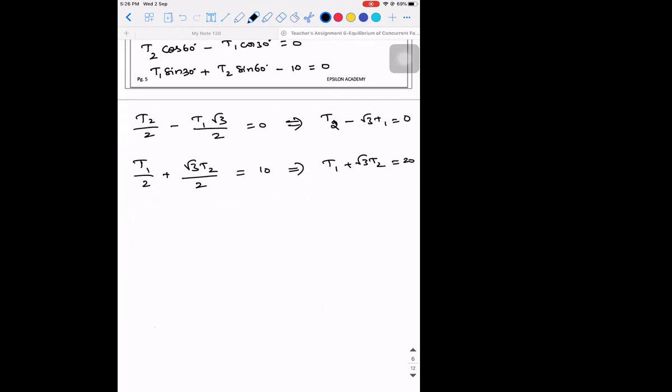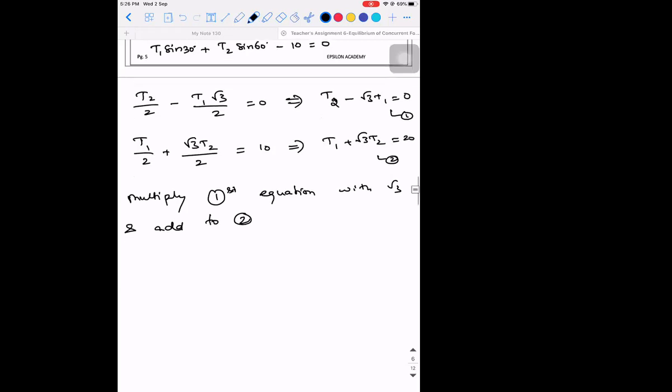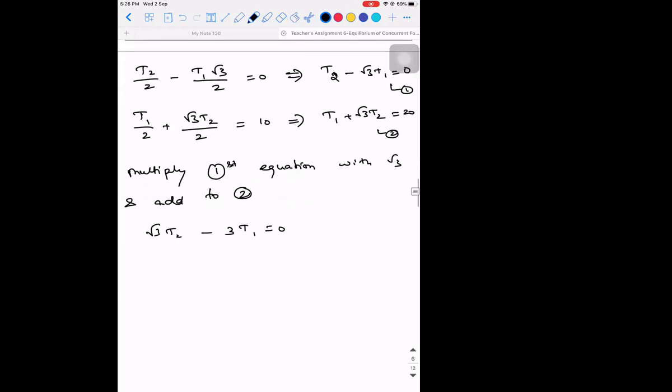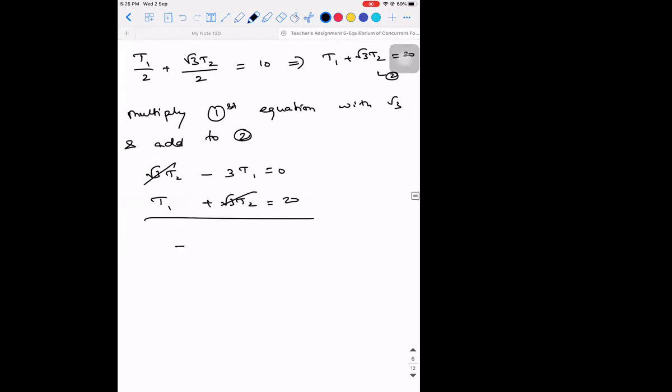I want T1 to get eliminated, so I will multiply the first equation with root 3 and add to the second. So I will have root 3 T2 minus 3 T1 is equal to 0, and T1 plus root 3 T2 is equal to 20. If I do this, this and this will get cancelled.